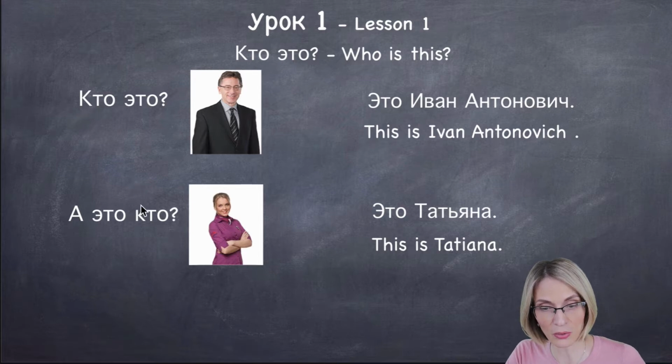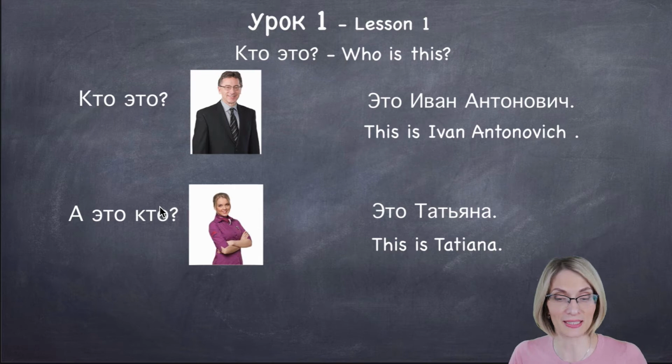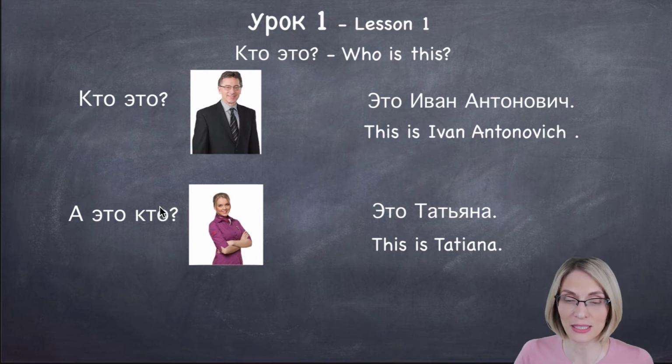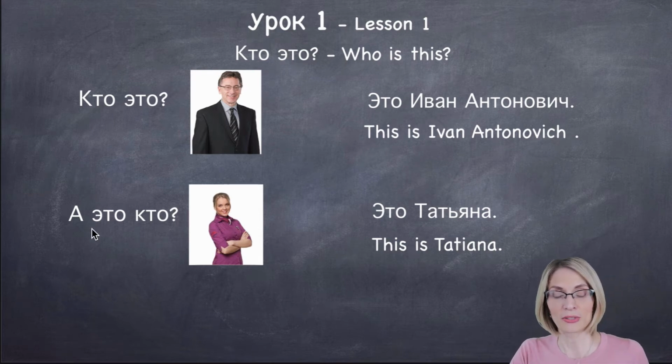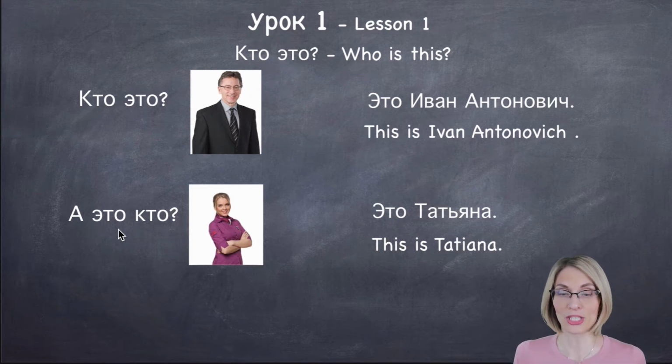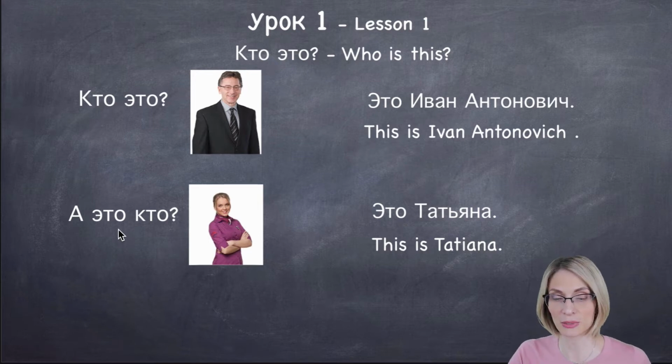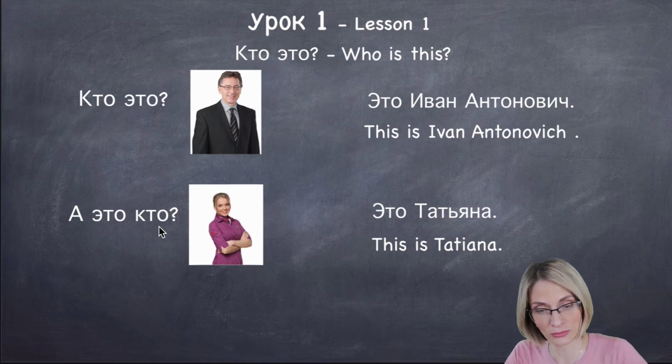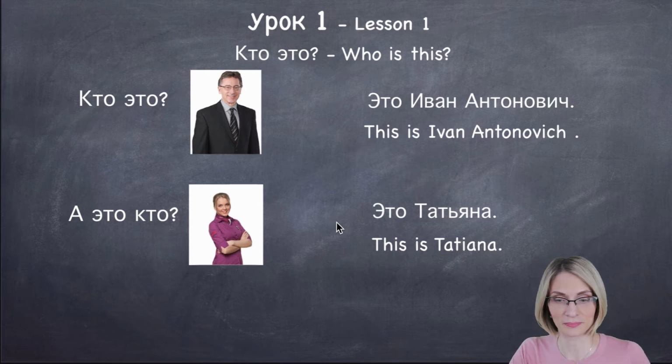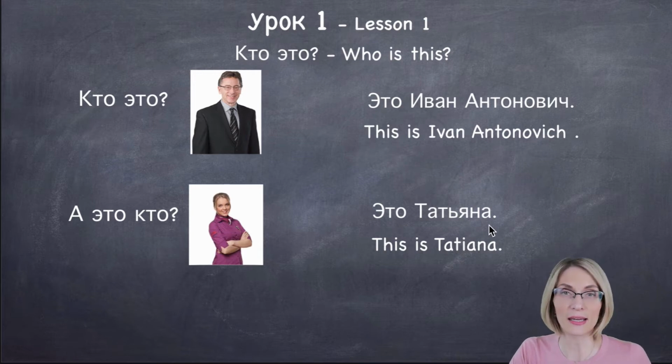But notice my question word кто is now switched with это, which is a common practice in Russian. You will figure this out later as well, that word order in Russian is flexible. It's not random, but it's flexible. So I can as well ask, а это кто? And who is this? Это Татьяна.